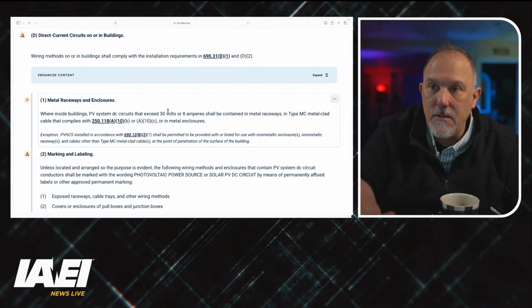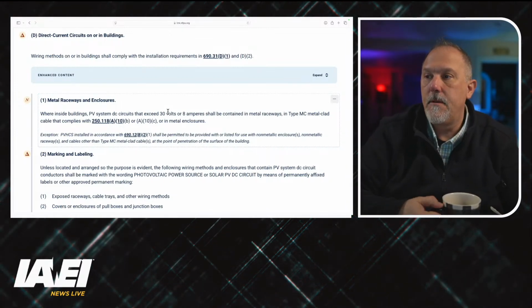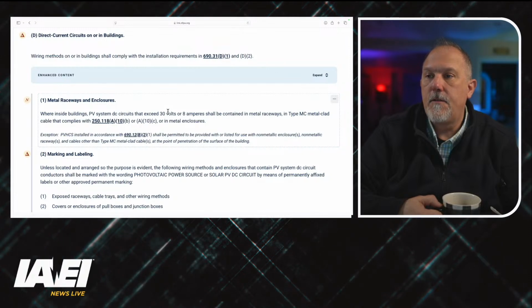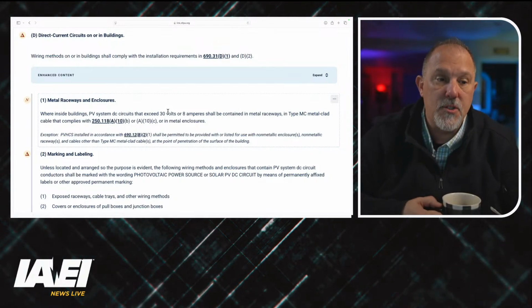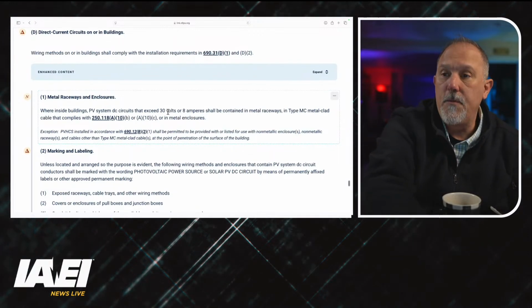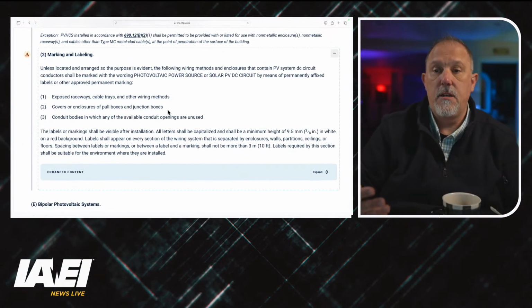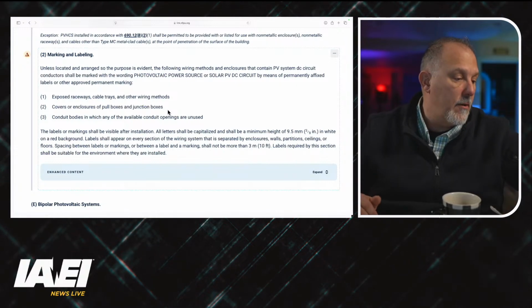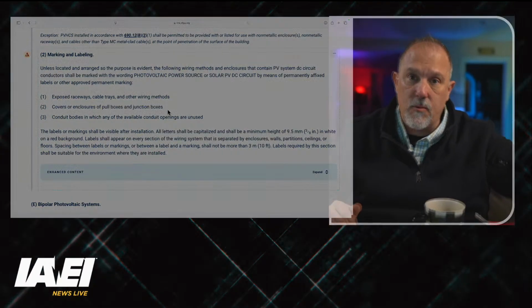There is an exception for non-metallic, but you're still enclosing them. So what we're doing is we're physically protecting these. We're also marking these applications or these conductors and raceways. We want to raise awareness that we have these unprotected conductors inside of a structure.